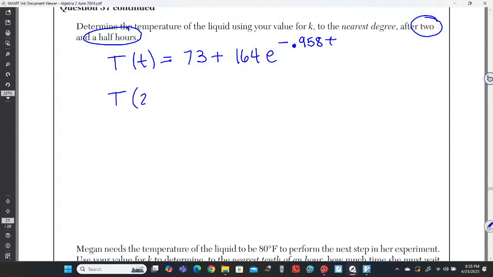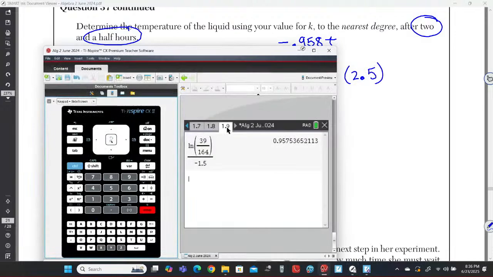So T of 2.5 is 73 plus 164 e to the negative 0.958 times 2.5. And yeah, that's a little ugly, but let's throw it in there.